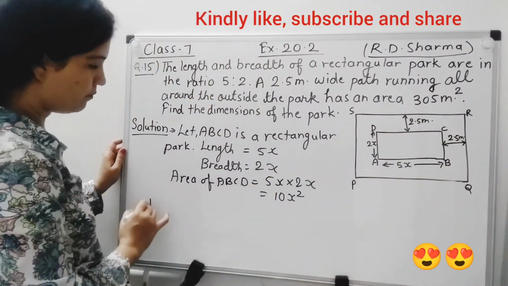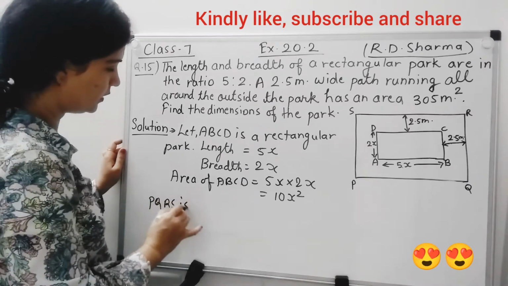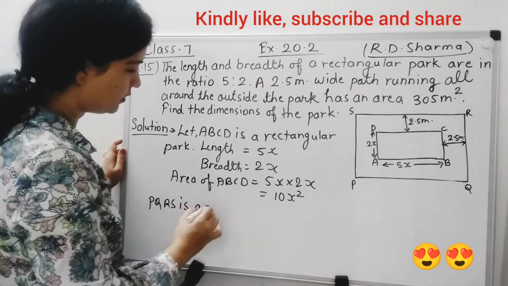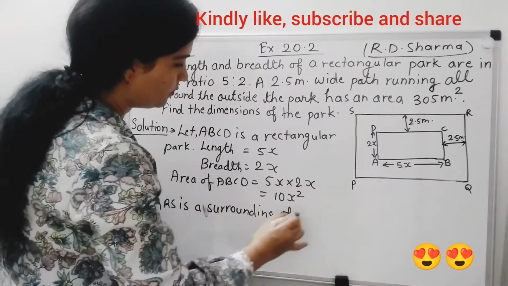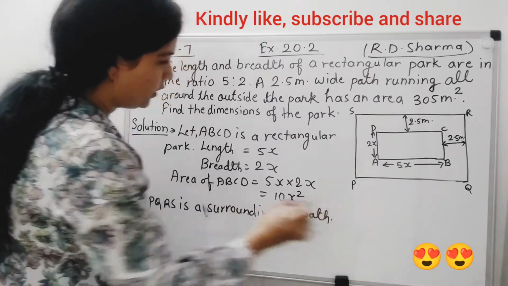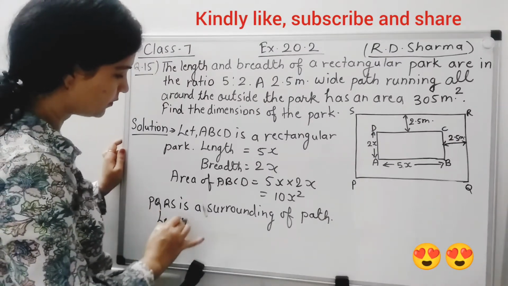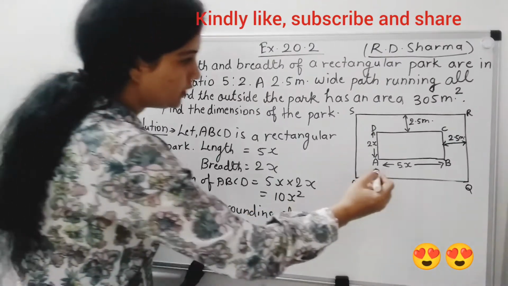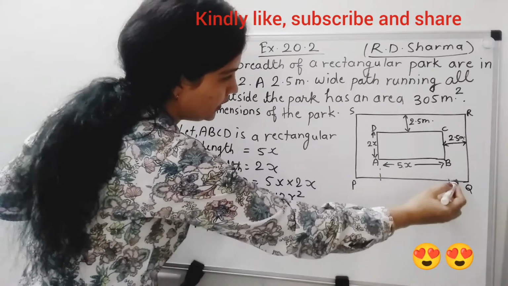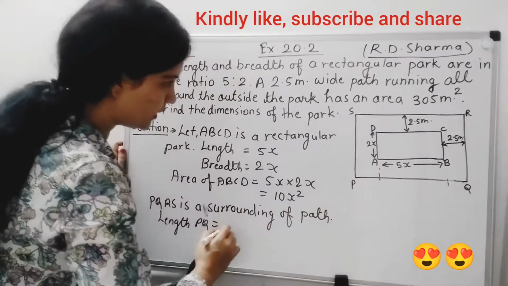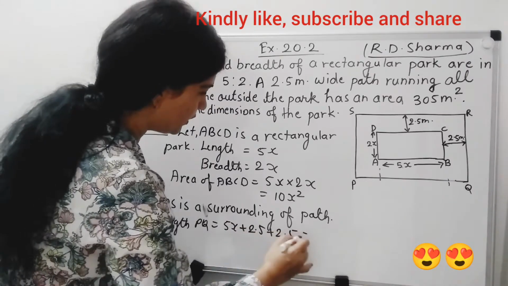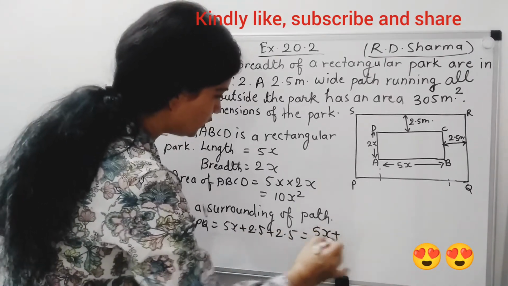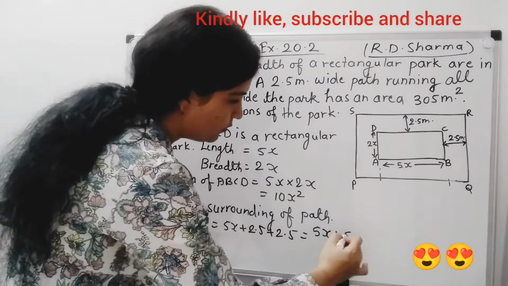Now PQRS is the surrounding of the path. So the length PQ will be 5x, and here 2.5 plus 2.5. So we will say 5x plus 2.5 plus 2.5; if you add 2.5 and 2.5 you will get 5.